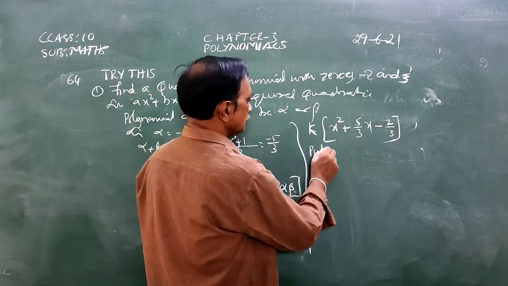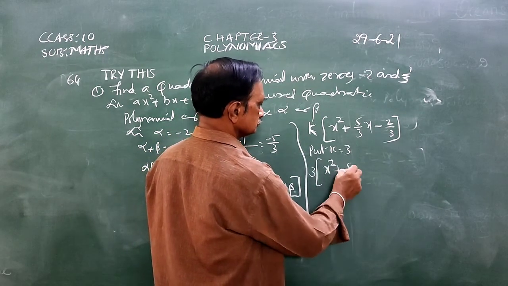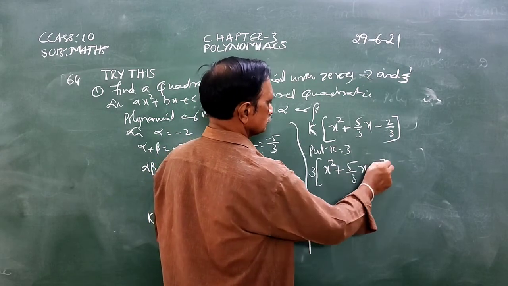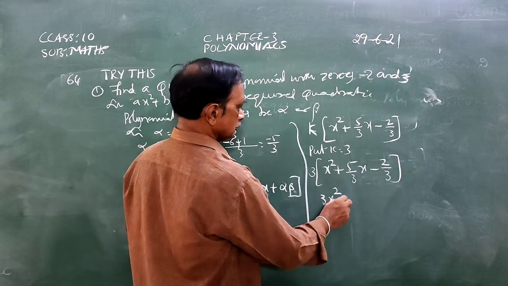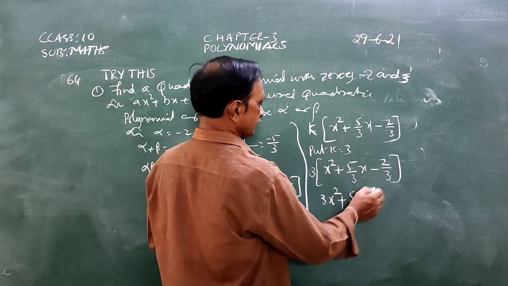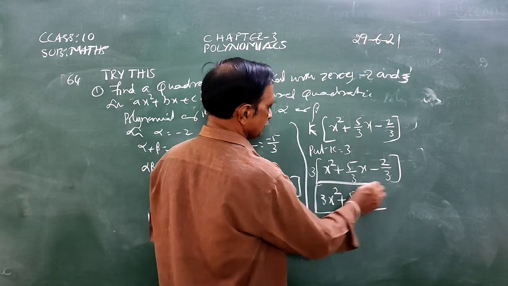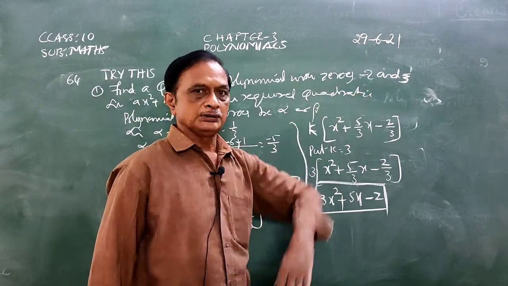Put k equal to 3: 3x square, 3 gets cancelled, plus 5x, 3 gets cancelled, minus 2. This is the required quadratic polynomial whose zeros are minus 2 and 1 by 3.